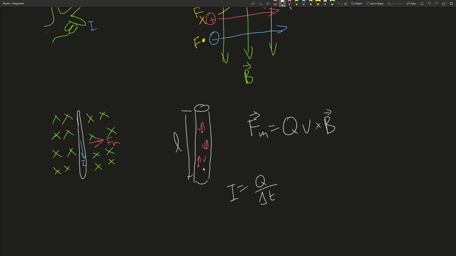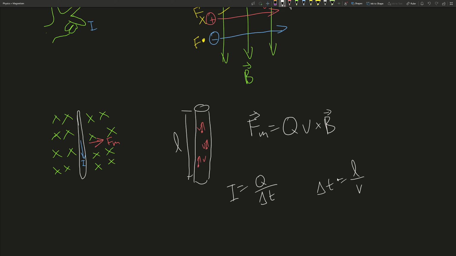And for all of these charges inside the wire Q to pass through the wire, it would take the time it takes for the bottommost charge to travel all the way to the top. Because if the bottommost charge travels all the way to the top, that means that every charge above it will have passed through the wire in that time interval. So the time interval it takes for the bottom charge to travel all the way to the top is equal to L divided by v, which is the velocity of this charge.